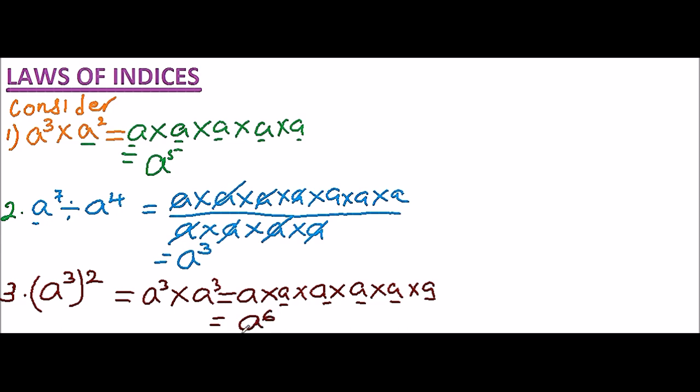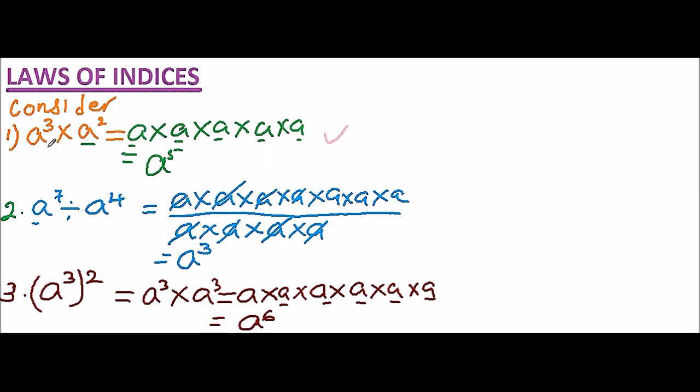Now, from the 3 examples we have used, we can derive the 3 rows of indices. Let's start with the first one.